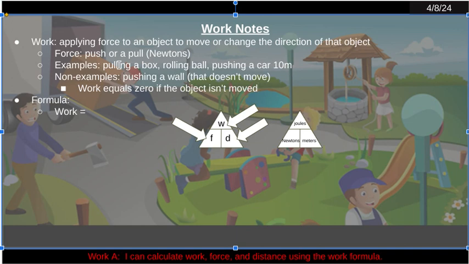Now, if I were to lift that weight up, I would be fighting gravity. That would be work, because I'm making it move a distance, and there's a force being applied to it and a force fighting back. But if there's not a force fighting back, then there is no work being done. So the work equals zero if the object doesn't move, and there is no work being done if there isn't a force being fought against.